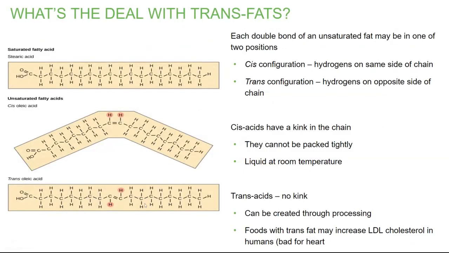They're really not super great for you, these trans fats. So if you've ever heard that word trans fat, that's what it means. It's an unsaturated fat that's kind of been manipulated to be a straight chain. But normally an unsaturated fat is going to have a kink in it, which means it's not going to be solid at room temperature. Saturated fatty acids are naturally straight chained and naturally solid at room temperature.